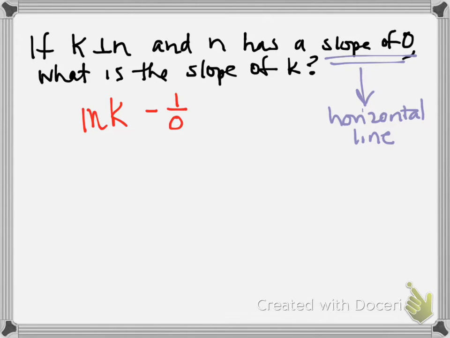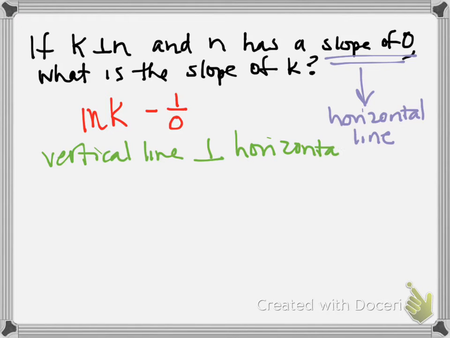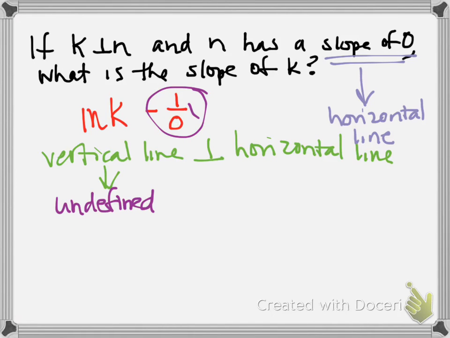What's perpendicular to a horizontal line? Vertical line. So a vertical line is perpendicular to a horizontal line, which makes it have a slope that's undefined. And then also this kind of verifies that it would be undefined because we can't divide by 0. Okay? All right, that's it.